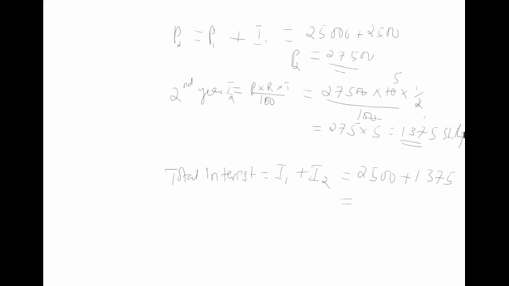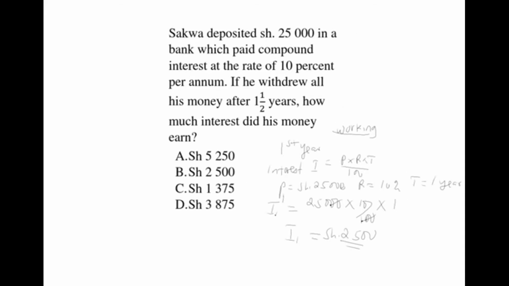This one gives us 3,875 shillings. So our total interest is 3,875 shillings. Therefore, we have our answer as D.